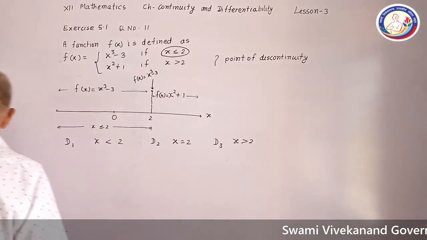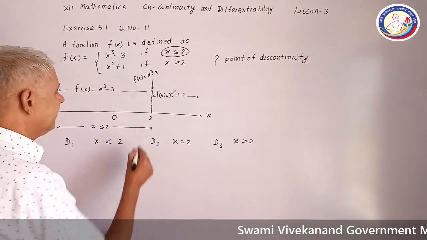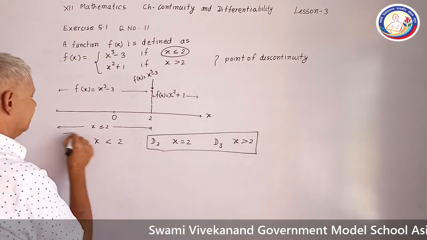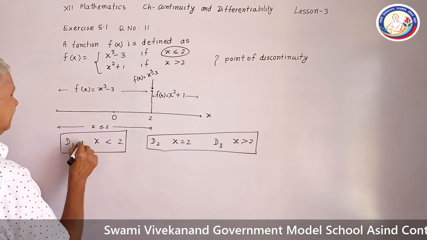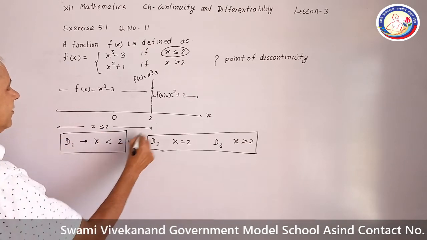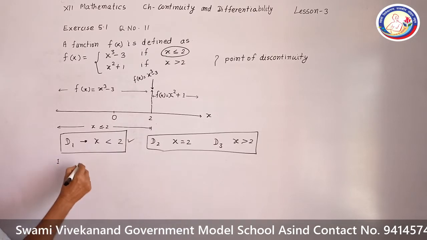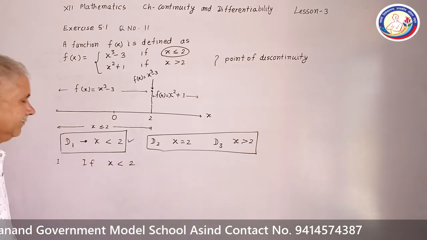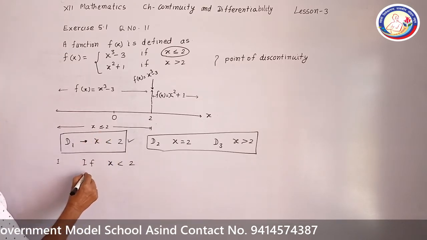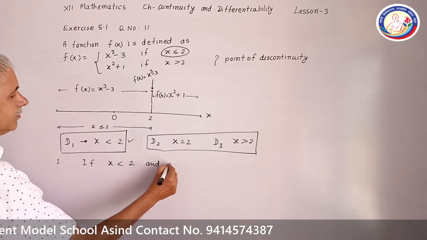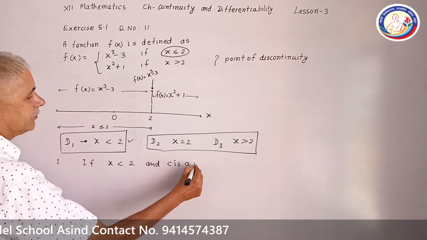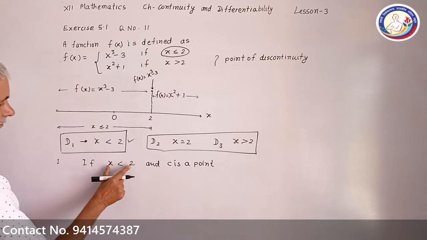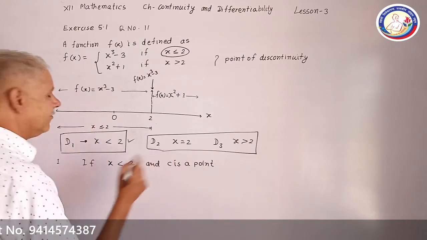Now we proceed. I am taking this first condition first. If x is less than 2 and c is a point or a value fulfilling this condition, then what will happen?